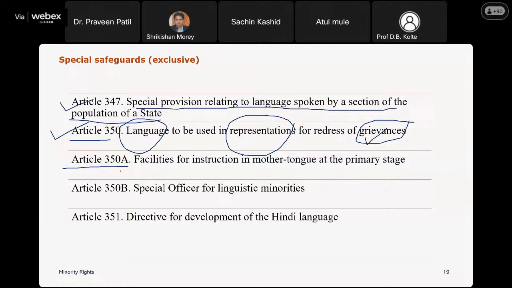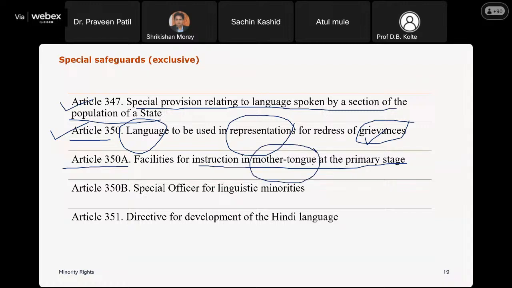Article 350A says, if in a particular territory or area, take the example of Maharashtra, non-Marathi people are living, and they have a language different from Marathi, then the state of Maharashtra should make efforts to provide instruction in the primary stage of education as well as secondary stage of education in their own mother tongue.